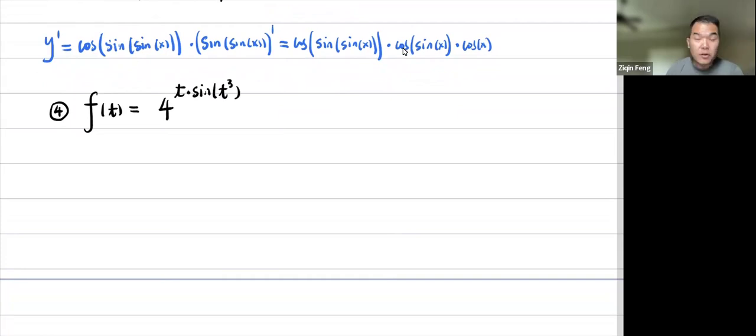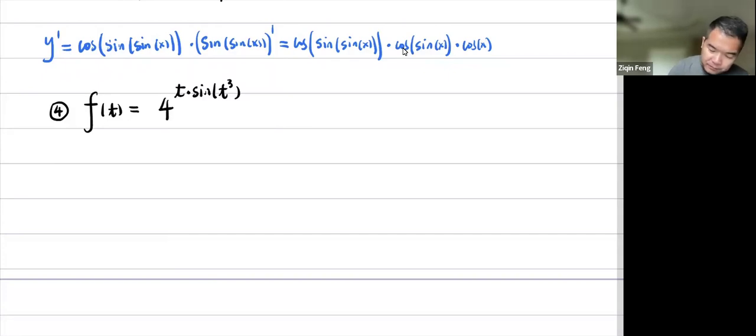So that's a complicated function, a product and composition kind of function. So let's try to apply the rules we have. Clearly, you need to use the chain rule and also the product rule.